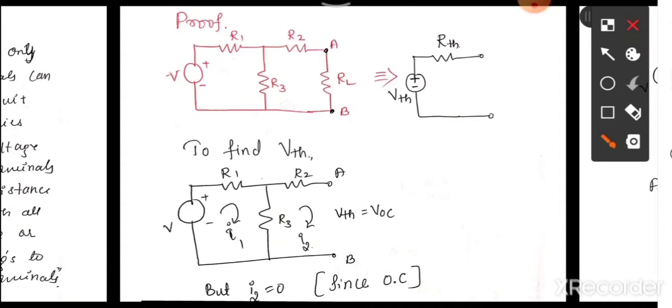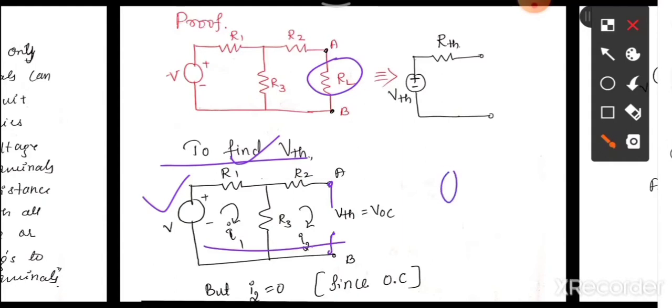Now to find VTH, we have removed RL and kept it aside, and now we have a voltage source and resistances. So here we have two loops, but in the second loop we have an open circuit. In an open circuit the current will be 0 but voltage will be present.